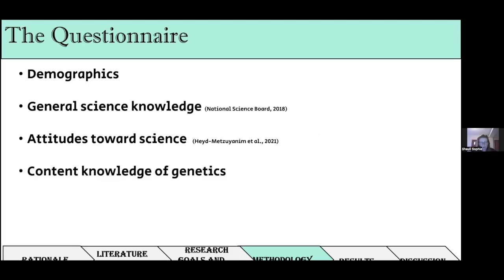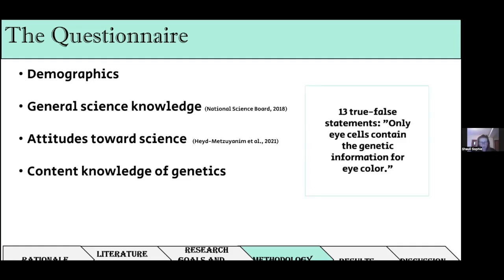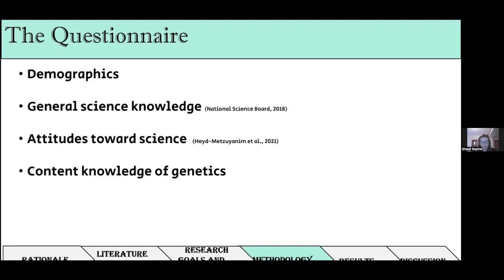Content knowledge of genetics was developed by us, based on a literature review. For example, there were 13 true-false statements, such as only eye cells contain the genetic information for eye color. Knowledge of the genetics of deafness was also developed by us and based on a literature review.